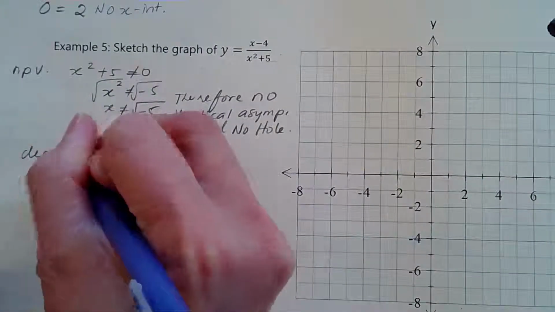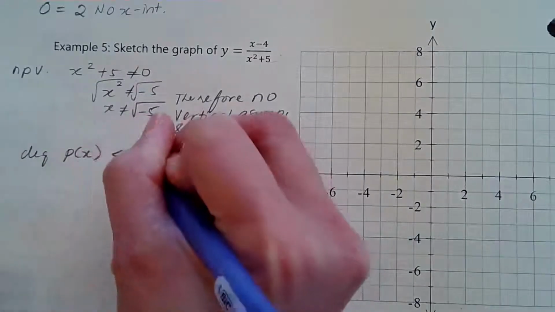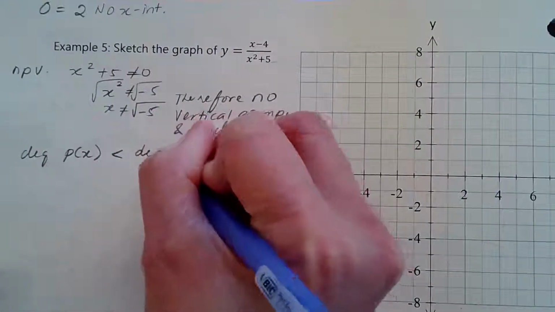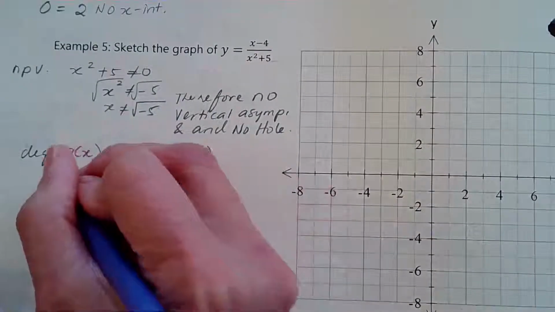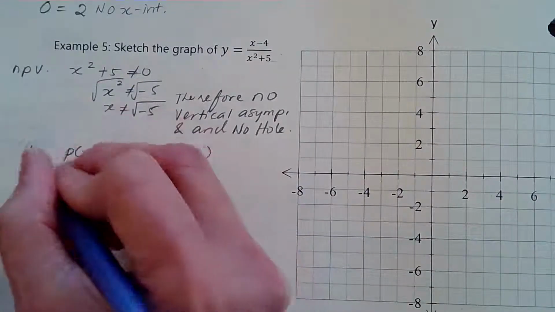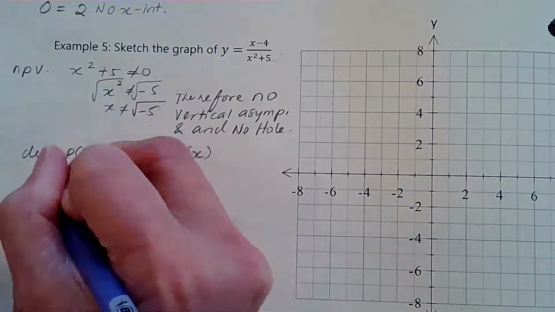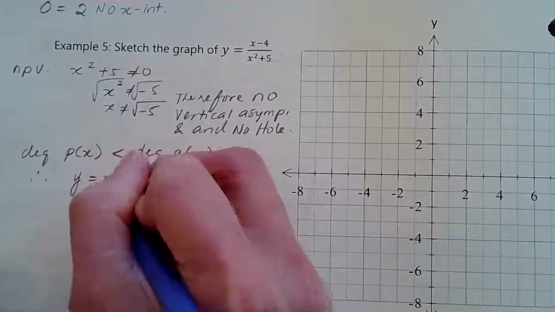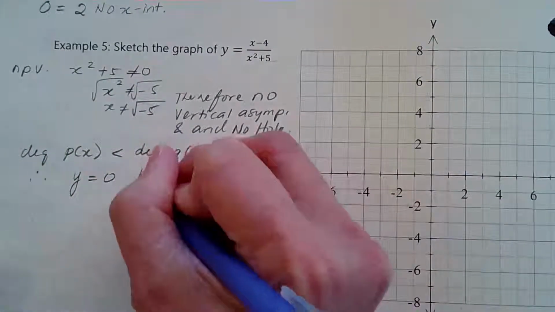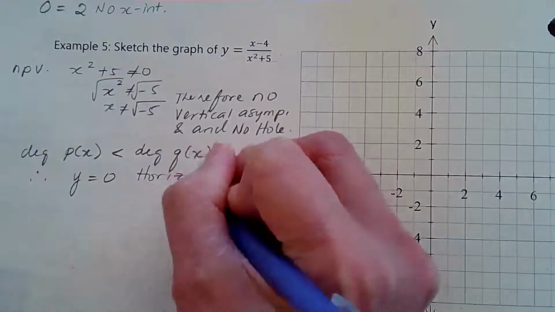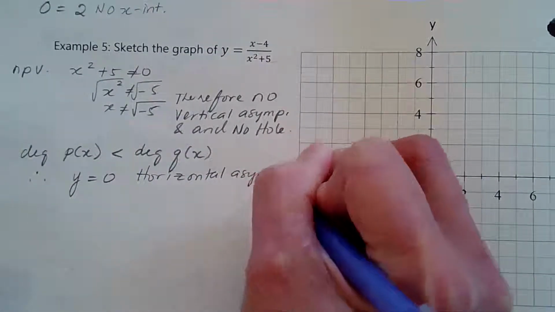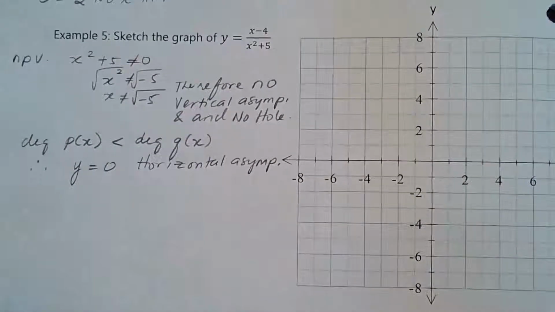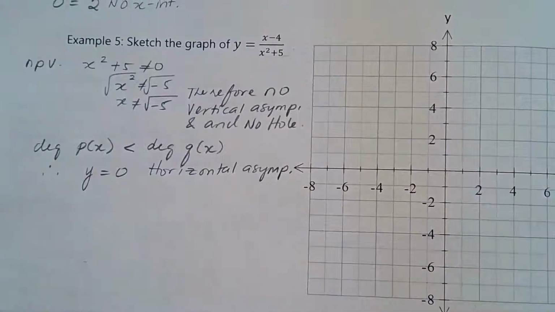The degree of p of x is less than the degree of q of x. So that means therefore y equals 0 is our horizontal asymptote. Okay, so we see the horizontal asymptote.